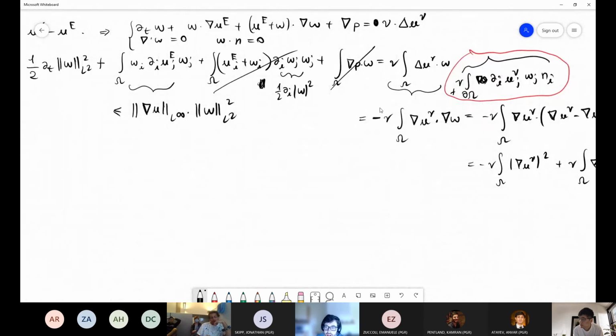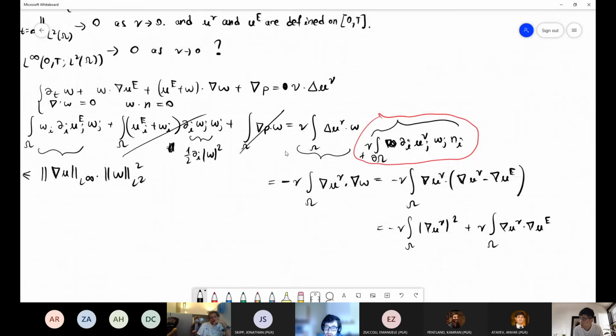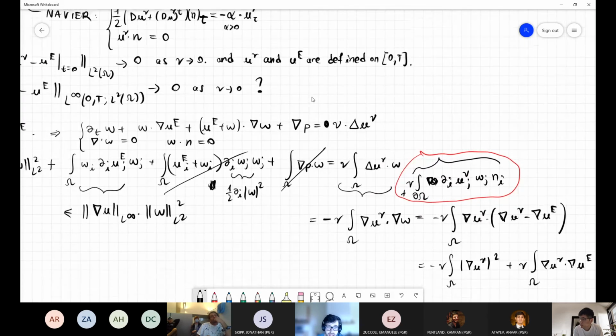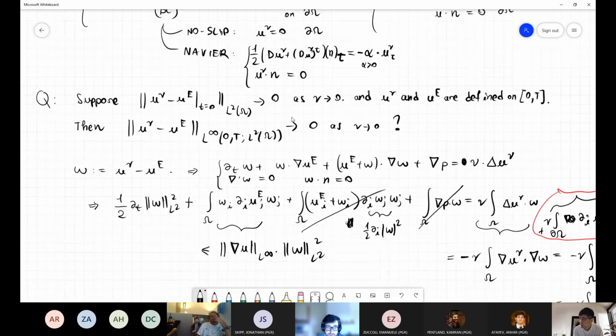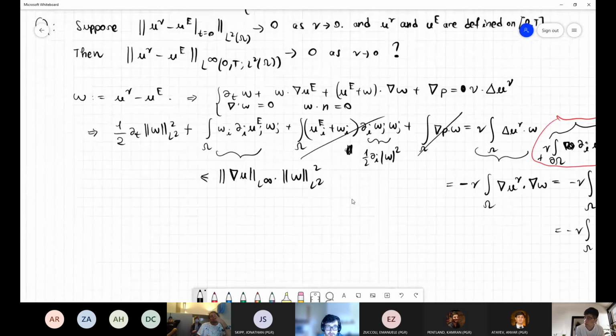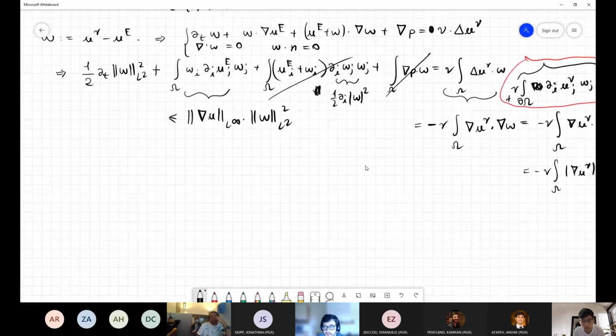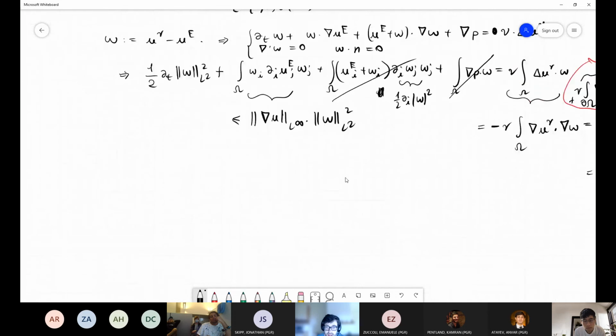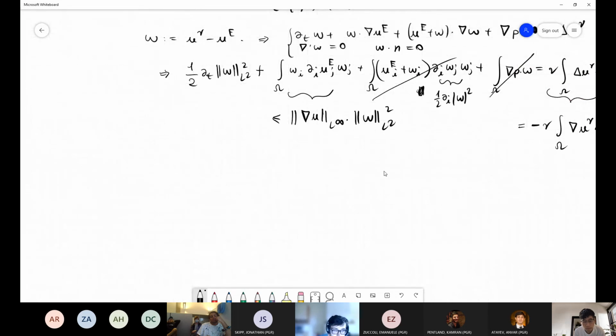Now I will show you, I would say, the most important result that has been proven so far for the no-slip case. This is called the Kato criterion, and it's from the 80s.